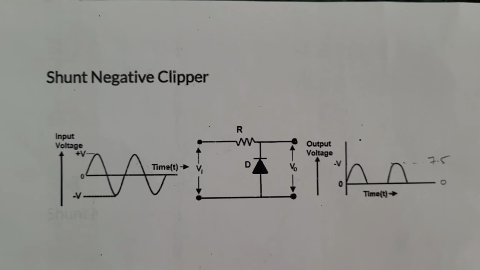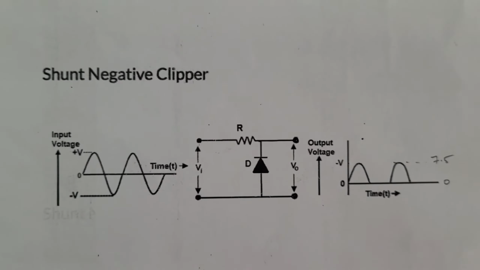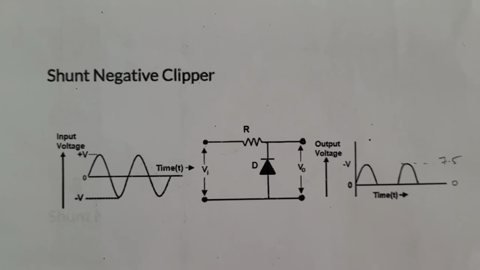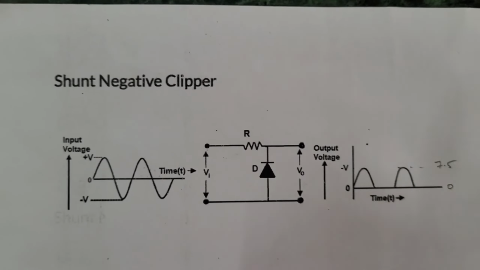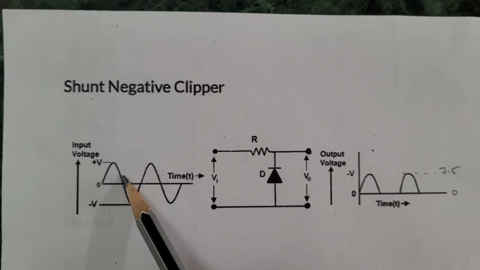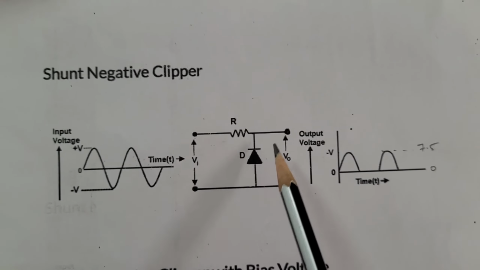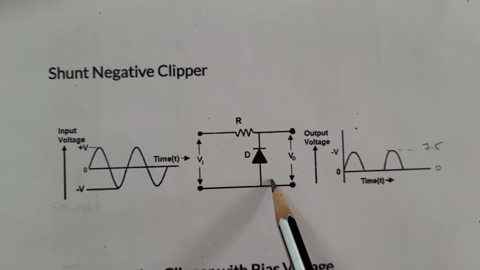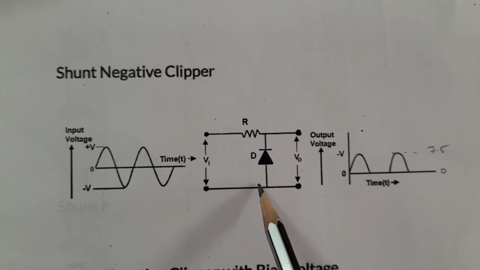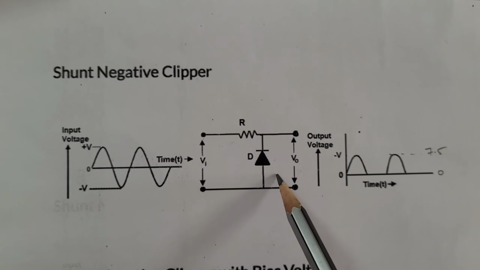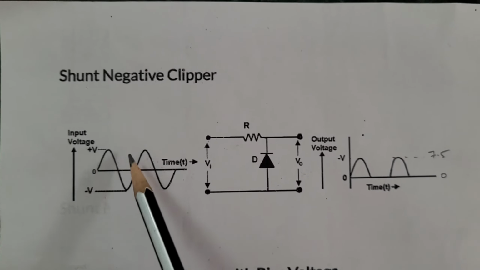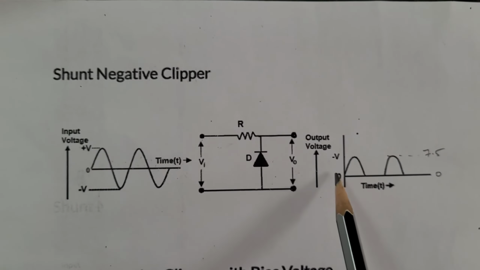Let's study and implement the fourth of the clippers, shunt negative clipper. During the positive half cycle of the AC input, diode is reverse biased, so an open circuit is established across the diode. So the whole input waveform will appear at the output.